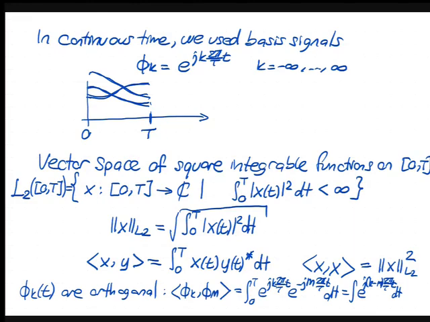That will give me 0, except when k is m. If k is m, that is just 1. So I'm integrating 1 from 0 to T, right? So the answer is T if k is m, 0 otherwise. That really shows that these phi functions are orthogonal in this space. Their inner product is 0 if k and m are different.